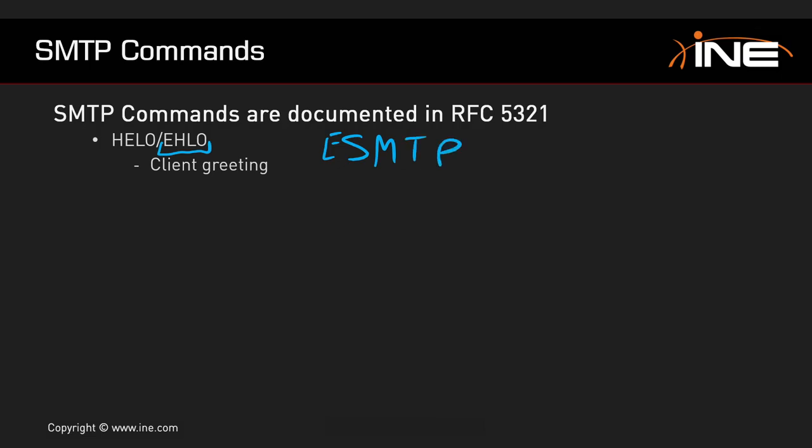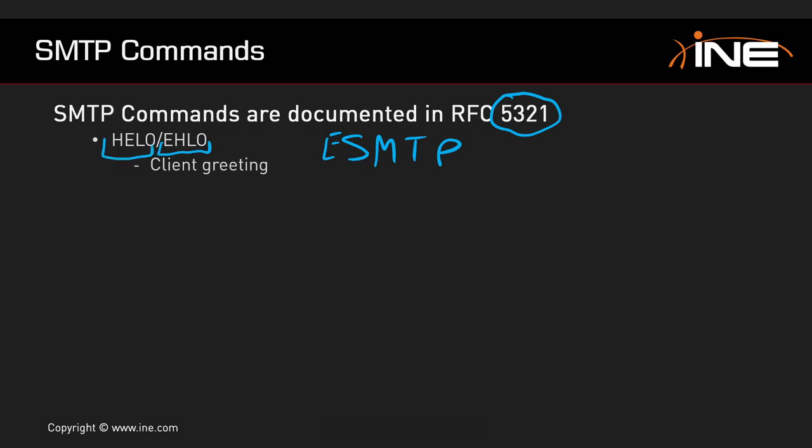This additional document describes a set of new commands that allow you, for example, to authenticate a connection or maybe use TLS. But this stuff is now included in this latest specification 5321. So we can also use this EHLO command instead of the original hello.